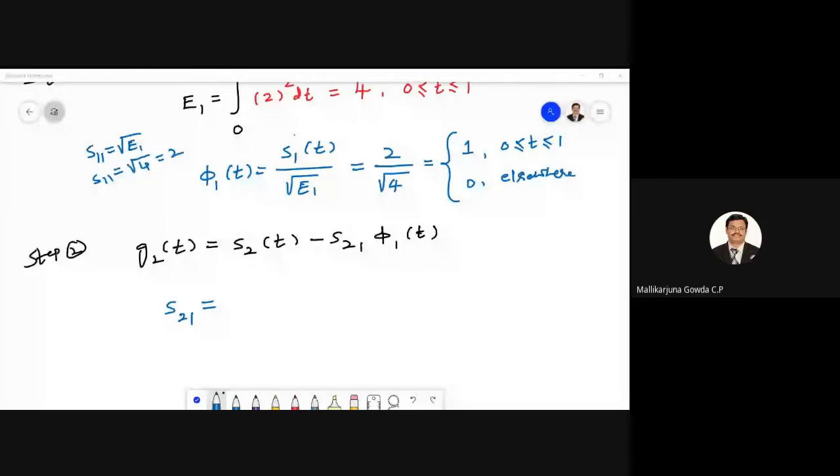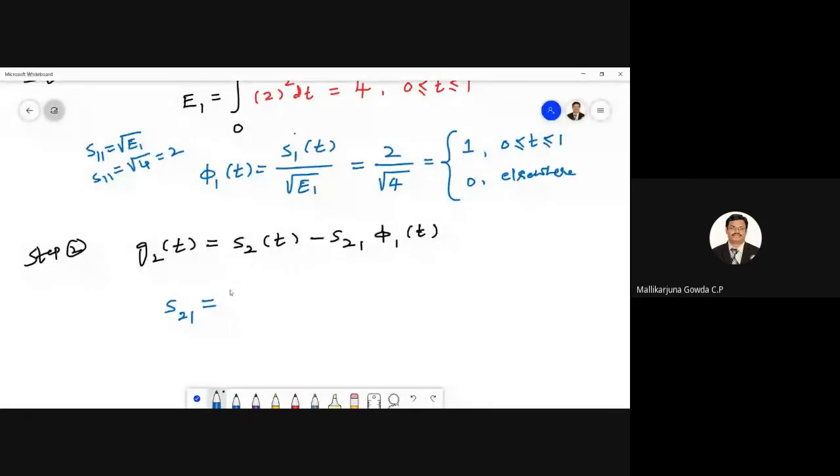Yes, sir. Can I know how to find the value of S21? Integral 0 to t of S2 of t into pi 1 of t dt. So S2 of t exists for what interval? 0 to 2, right?